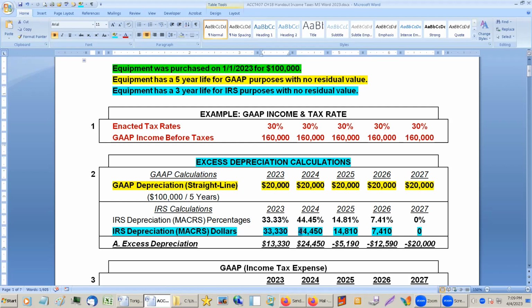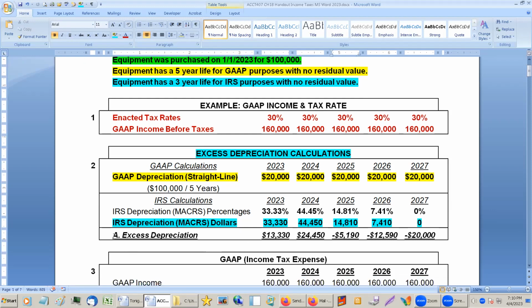Second year, they let us take a whopping 44%, almost half the price of the thing in the second year. But then you start to run out, 100% only lasts so far. And by the time you get to the 4th year, there's not much left. And by the time you get to the 5th year, it's absolutely down to 0. You don't get anything in the 5th year because it's completely depreciated down to 0.